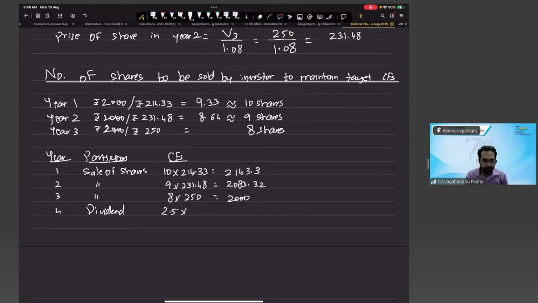Of course not. 973 shares, because out of 1000, you first sold 10, then you sold 9, then you sold 8. So 2.5 into 973. How much is the amount of dividend? Is it around that 2000 or less than that? 2,432 rupees 50 paise. Okay, so this is anyway above our targeted cash flow. So that's the way you can sustain that particular level of cash flows.